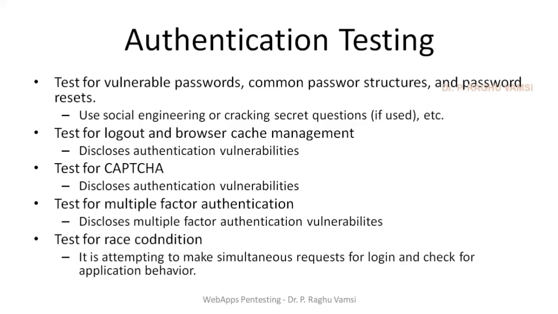That means on multiple computers, the hacker will open the web application and will enter the username and password on all three computers, and will try to log in at a time. That is a simultaneous request. Sometimes this simultaneous request may reveal some information about the login credentials. So this is also checked in the race condition.